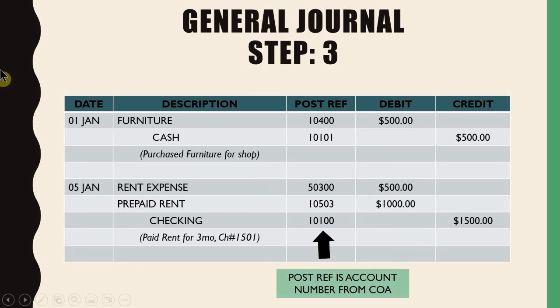So then next thing is going to be identifying your post reference. Now, if you do not use account numbers, then your post reference is not going to be there. Okay? Maybe your post reference will just say assets, liabilities, or whatever it is, right? But if you are using account numbers, that's what these post references are for. So for instance, right, we have a checking account, which is account number 10100. Where do we find that?